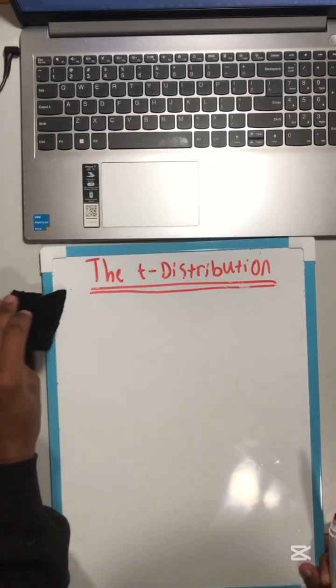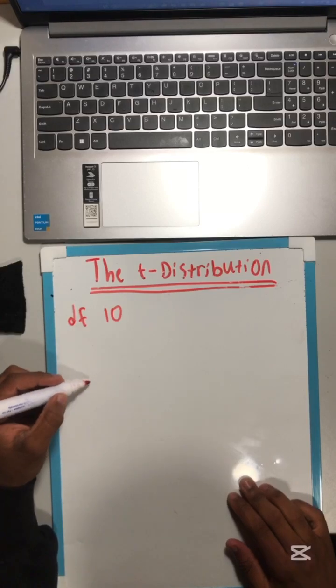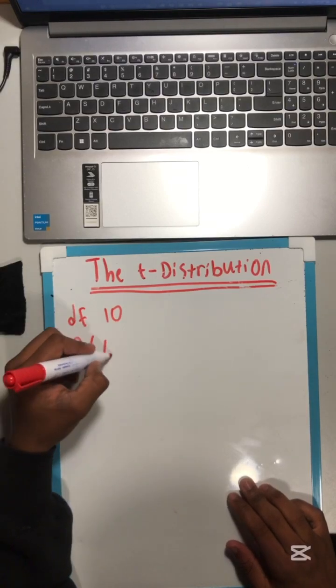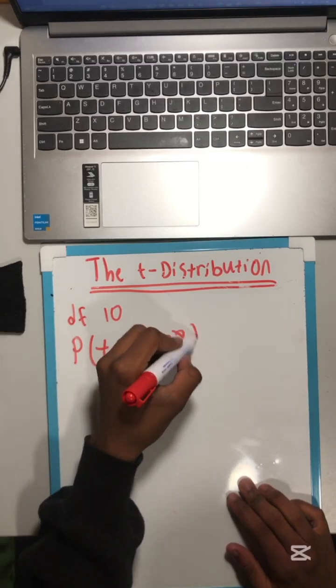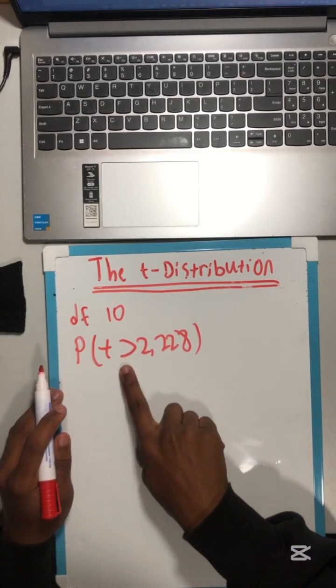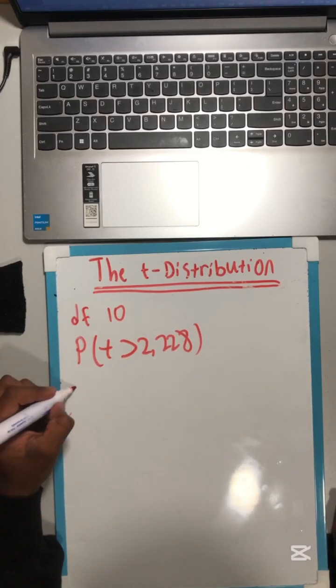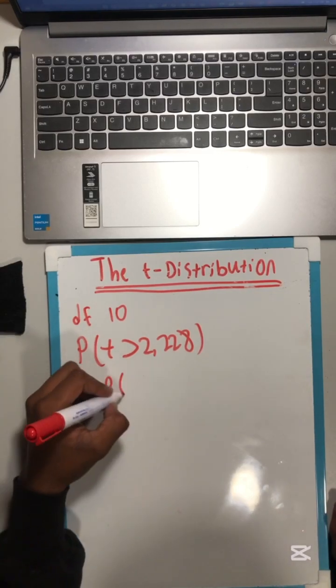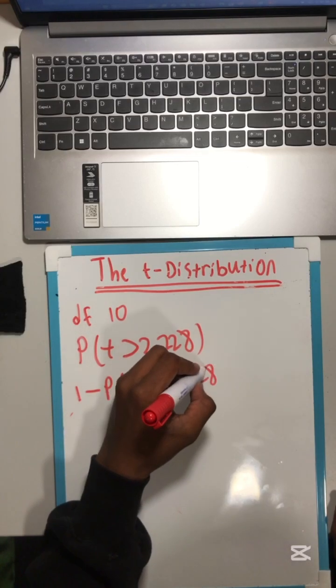We have my degrees of freedom alingana no 10, and you want to find the probability that T is greater than 2,228. T is greater than 2,228. So this is 1 minus the probability that t is less than 2,228.